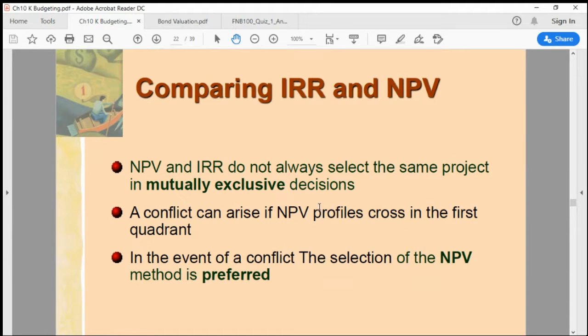So if you have two projects, right, which are competing and mutually exclusive, and they give different results, in other words, internal rate of return prefers project A, but net present value prefers project B, I said you go for the net present value. But let me give you an example.